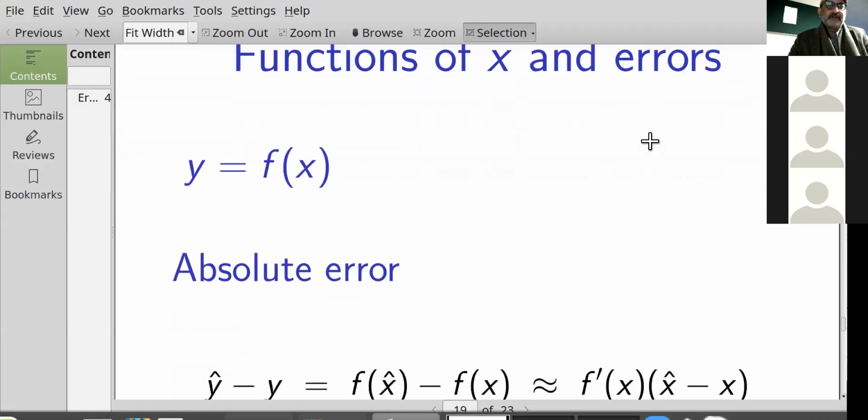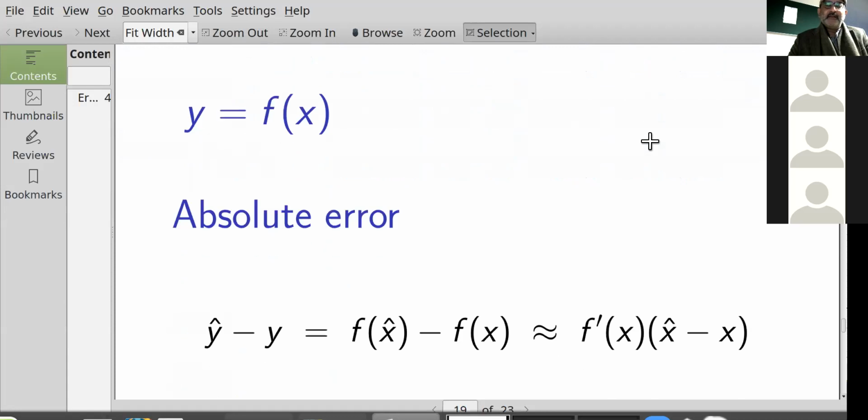Okay, so first work out the absolute error, and then divide by the desired result. The absolute error is y hat minus y. That's equal to f of x hat minus f of x, right? Let's assume that f calculates things out without introducing new errors of its own, for the moment.